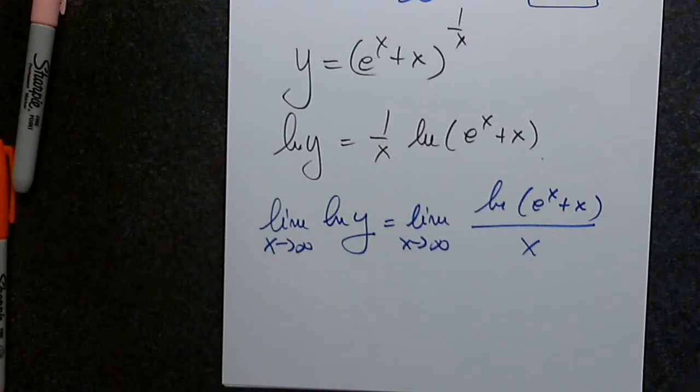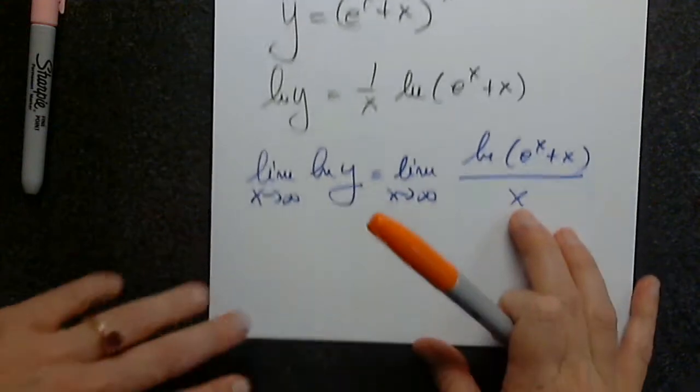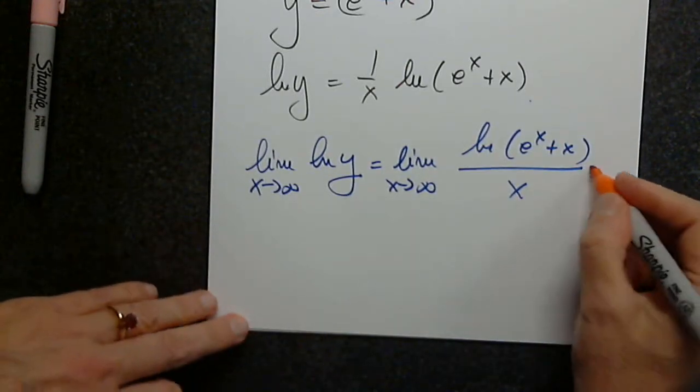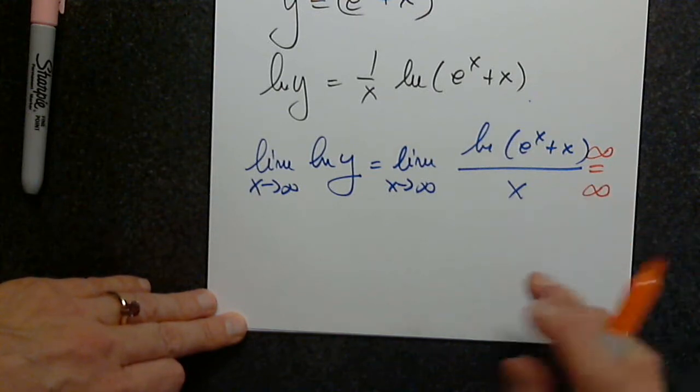Like we couldn't differentiate x to the square root of x. We don't have a rule for a function raised to a function. We had to use natural log. Okay, so now again I have to plug it in. And I'm hoping for a ratio, of course. I'm hoping that I got away from this. And I did. So the top goes to infinity, the bottom goes to infinity, we're in business.